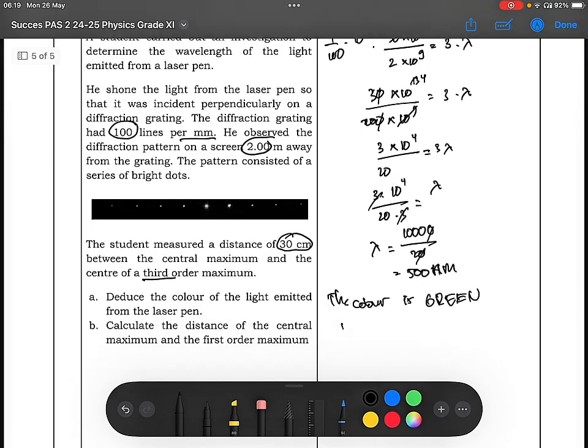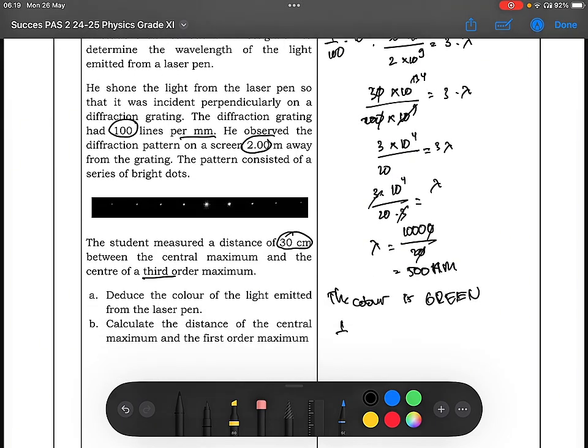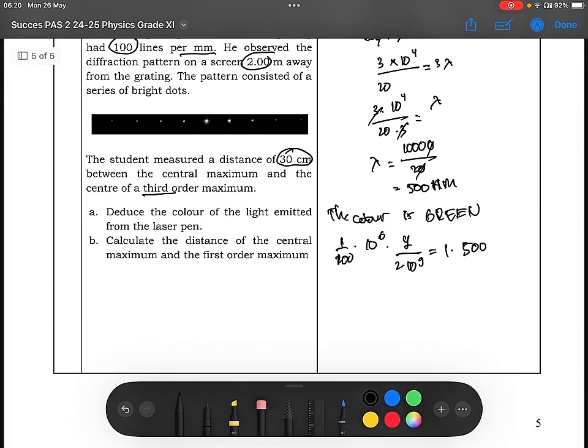You can find y. The L is the same. You can move the bottom to the right side.